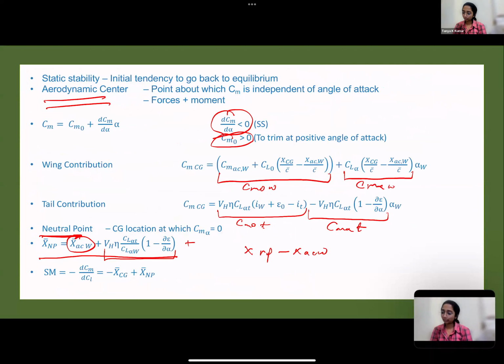Your CL is CL naught plus CL alpha into alpha, which changes throughout the flight with change in alpha, right? CL keeps changing throughout the flight because alpha keeps changing. So throughout the flight, does the neutral point keep changing?